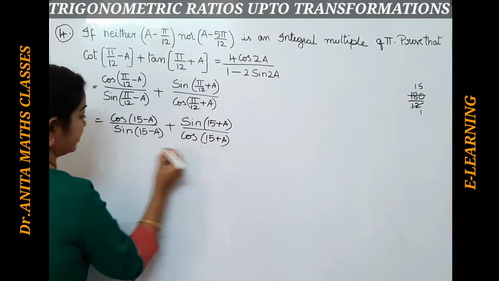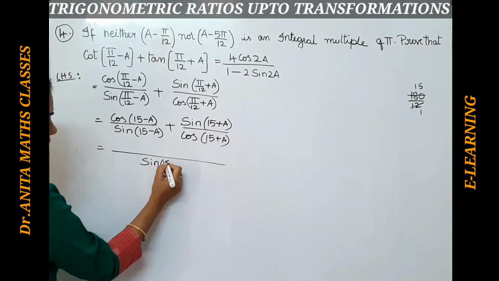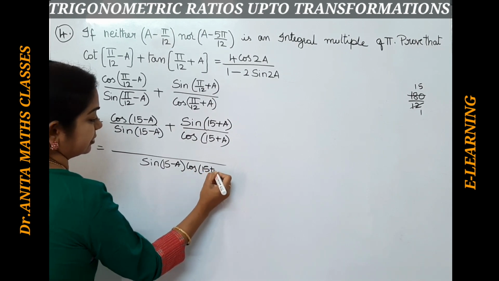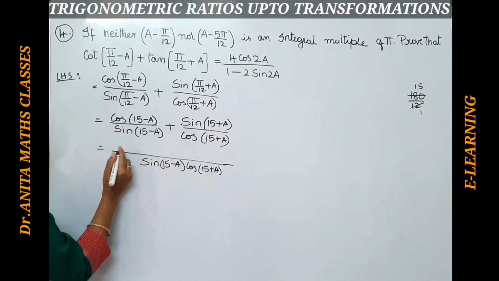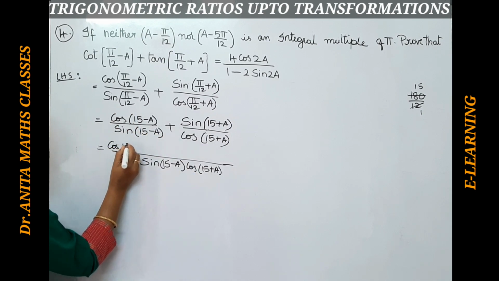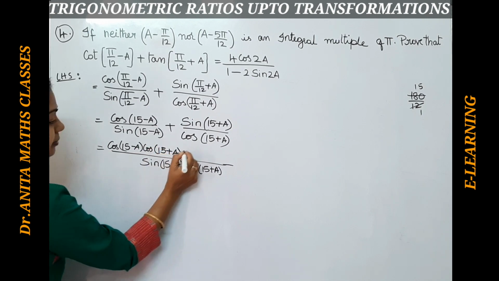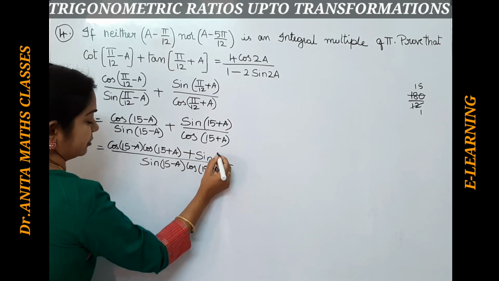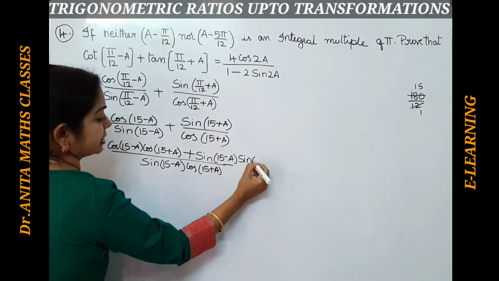Let's take the LCM here, that is sin(15 minus a) and cos(15 plus a). Taking the LCM, this into this, so that comes to cos(15 minus a) and cos(15 plus a), plus again this into this, sin(15 minus a) and sin(15 plus a).